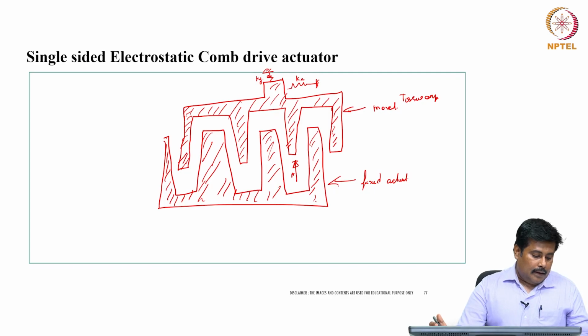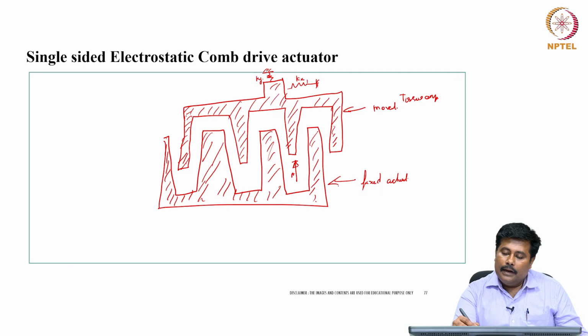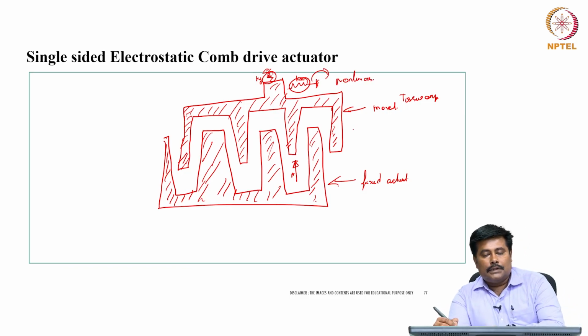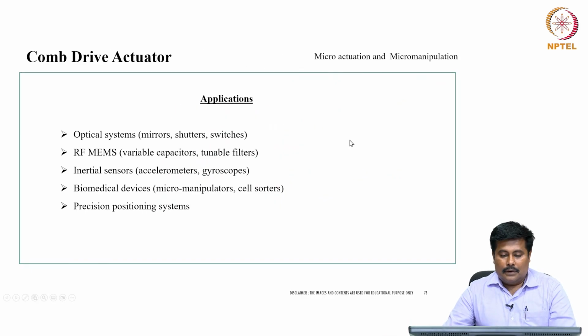So it has different geometries and is effectively used. Ideally the overall manipulation is taken care of by this nonlinear spring. That is, along with the electrostatic comb, a nonlinear spring will also participate in this particular structure.